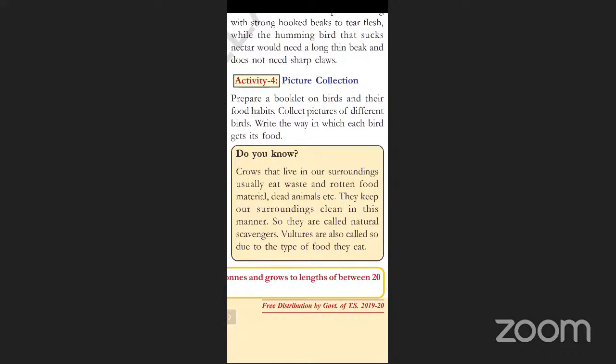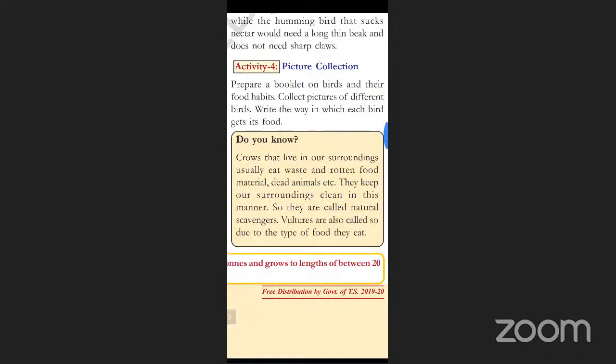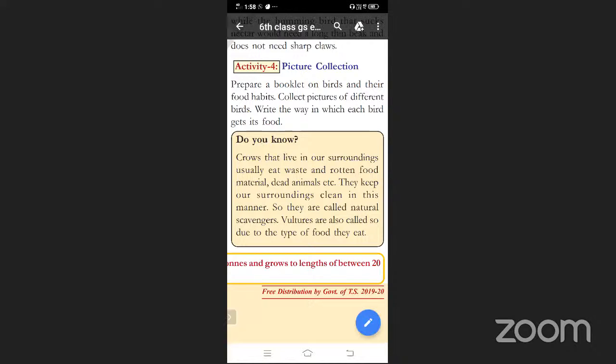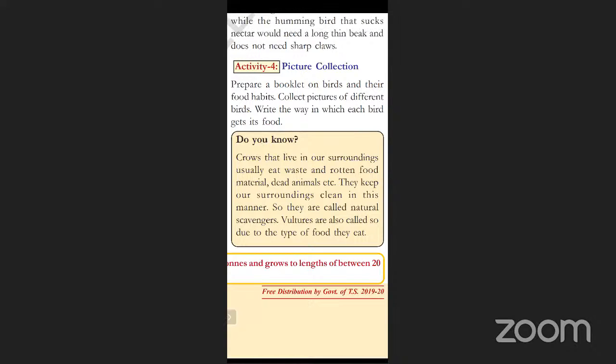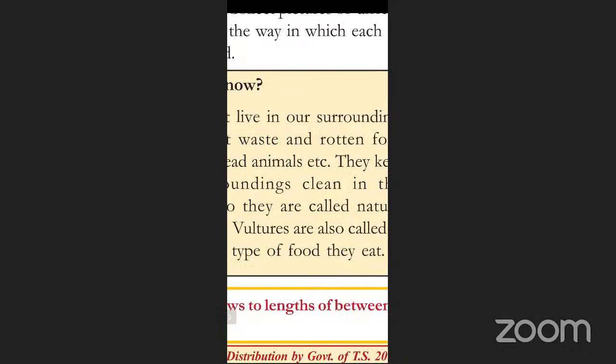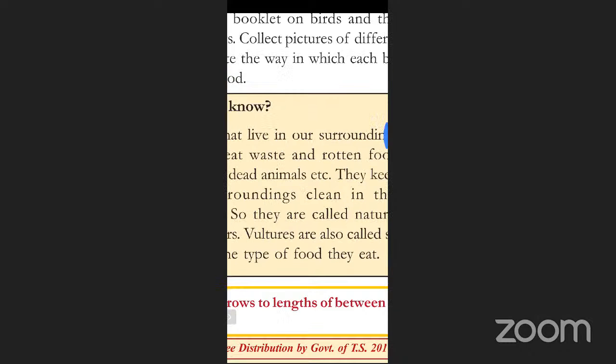That is one question. And why do we call them natural scavengers? Second question. Why are crows and vultures called natural scavengers? Because they eat waste. See, waste and rotten అంటే కుళ్ళిపోయిన waste పదార్థాలని తింటుంది. That's why it is called a natural scavenger.